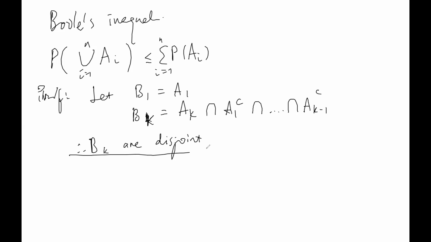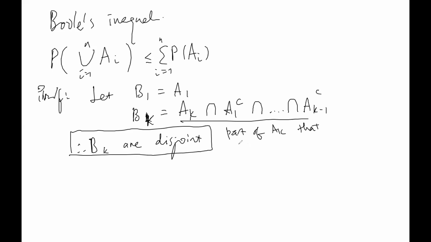See, the idea is you create disjoint things. You see that your BK is the part of AK that does not contain the others, the other AIs. Because you have AK, you intersect with the part that is complement to A1, A2 and all that.